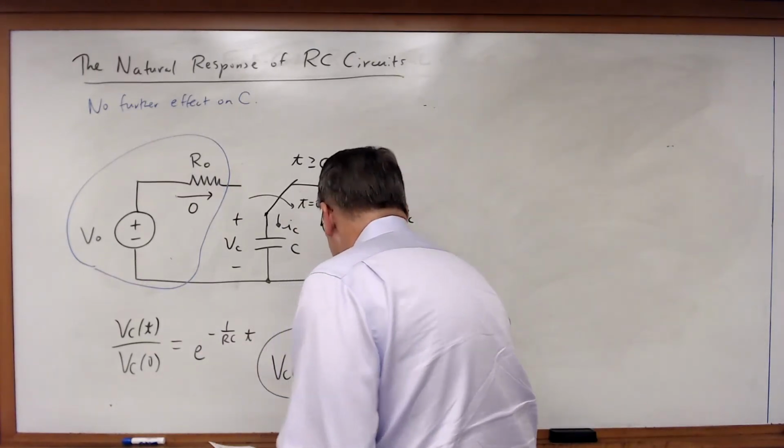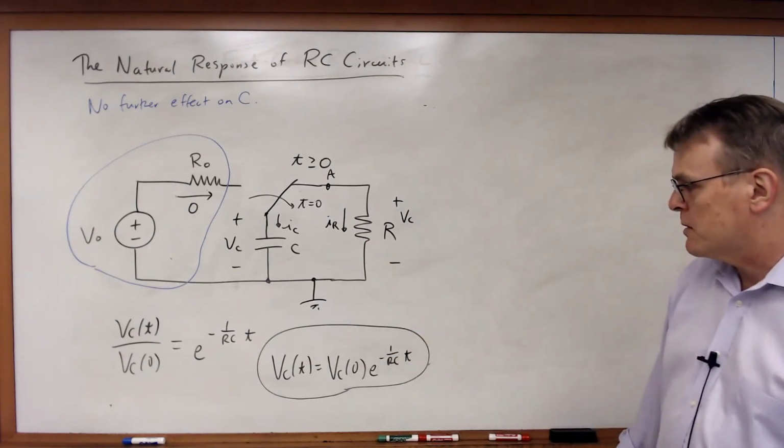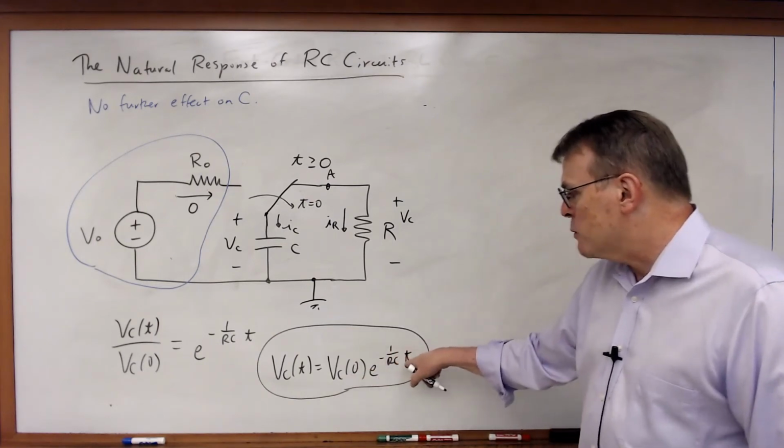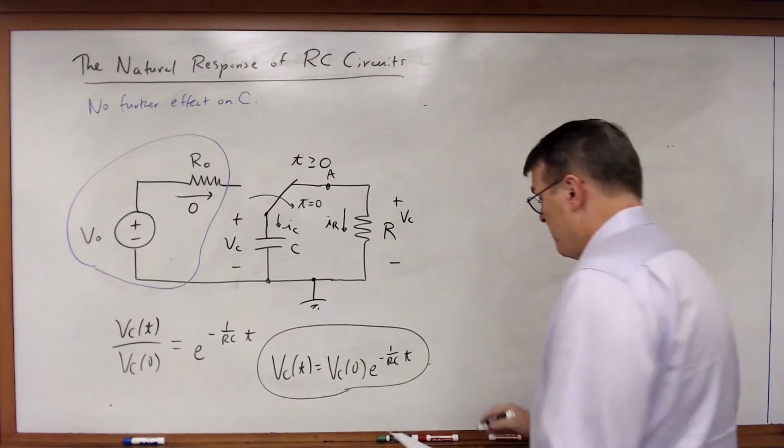So this will be the voltage across the capacitor, and of course also across the resistor, equal to Vc(0) times e to the minus 1 over RC times t for t greater than or equal to 0.